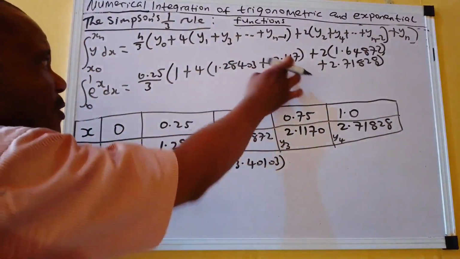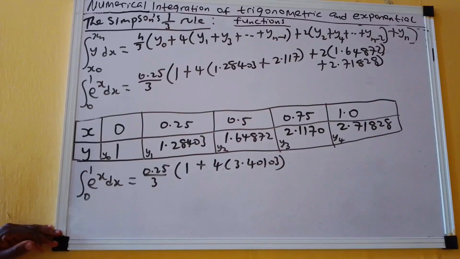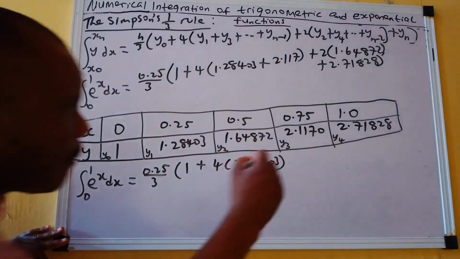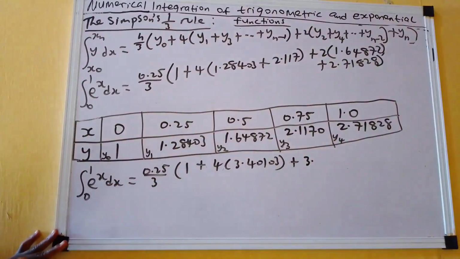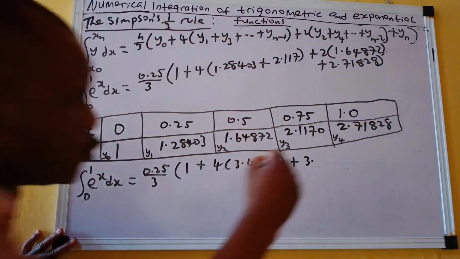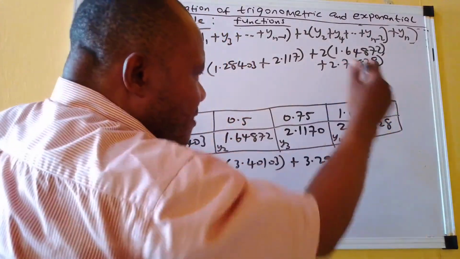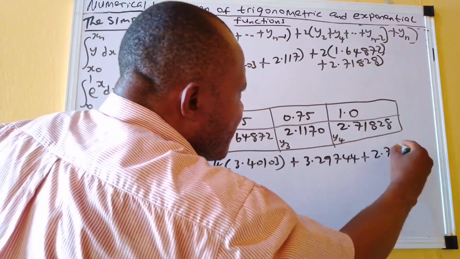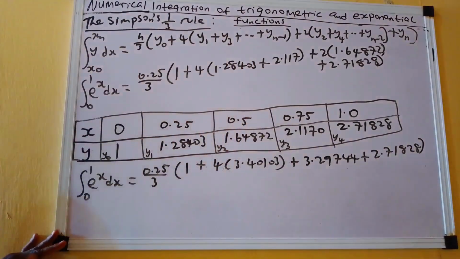So when you add this plus this, 4 into that, then 2 times that, 2 into that, you are going to have 3.29744 plus 3.29744, then plus the last value there, 2.71828. You cover the bracket.